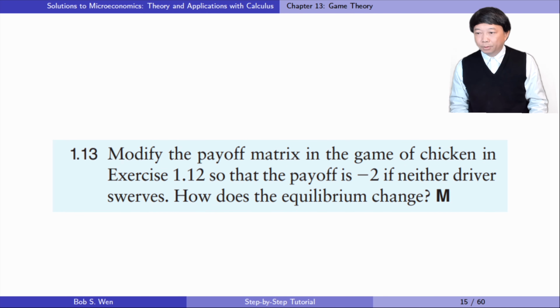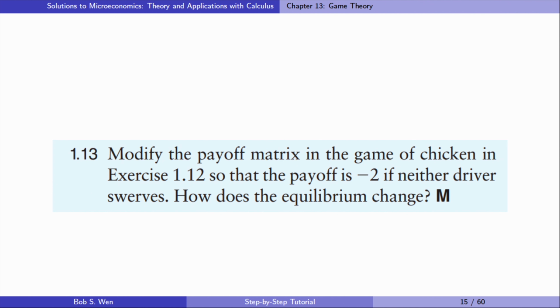Let's go to exercise 1.13. Modify the payoff matrix in the game of chicken in exercise 1.12, so that the payoff is -2 if neither driver swerves. How does the equilibrium change?